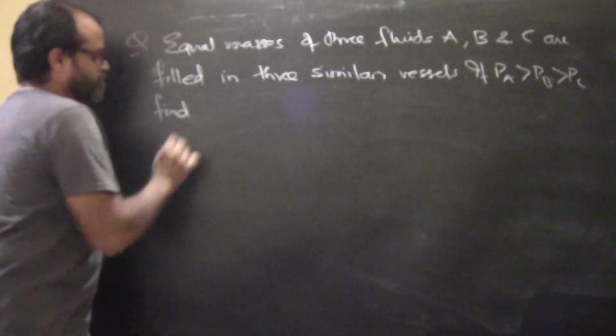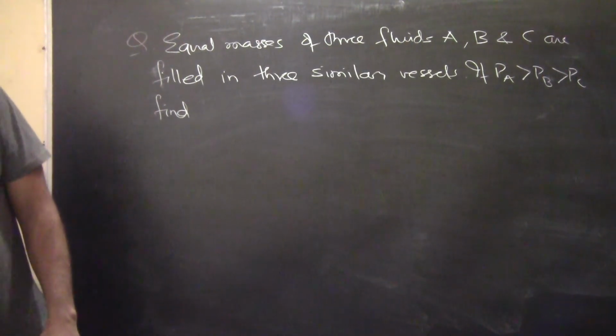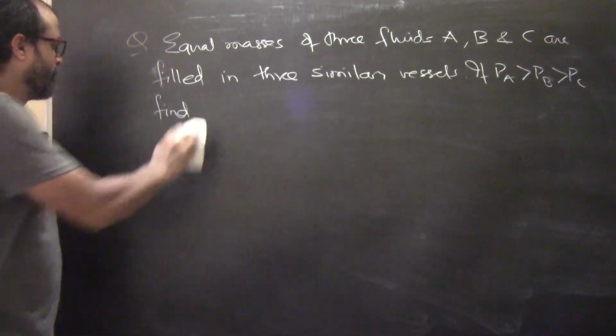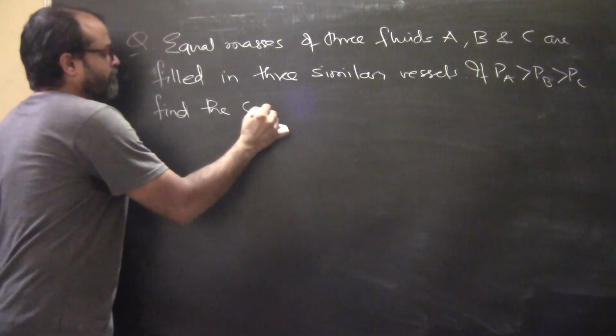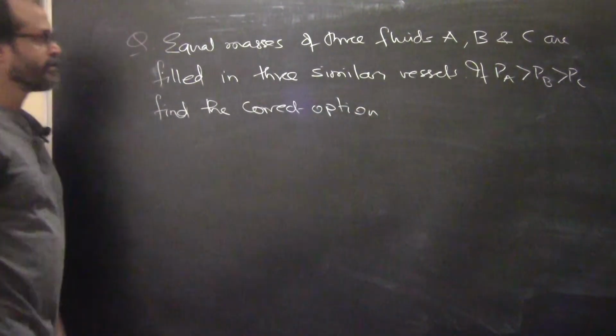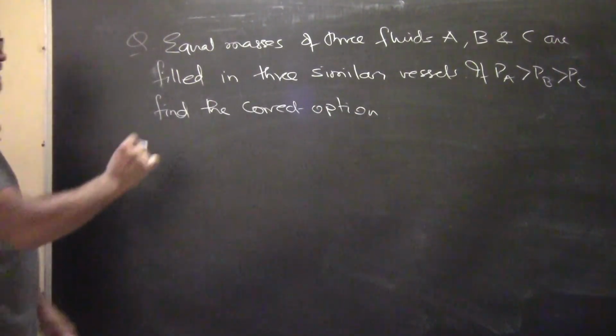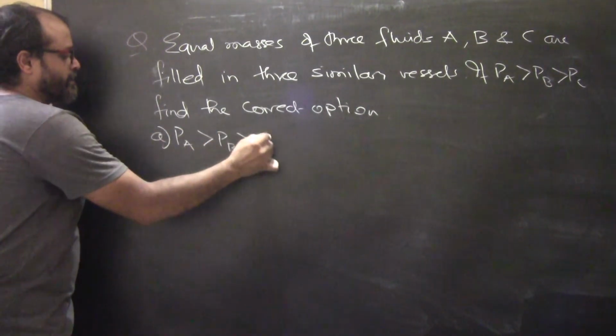Find the correct option. Here we have option A, which is PA is greater than PB is greater than PC.